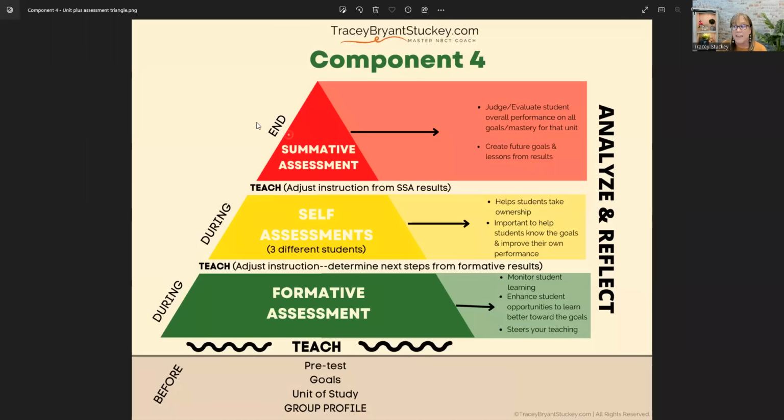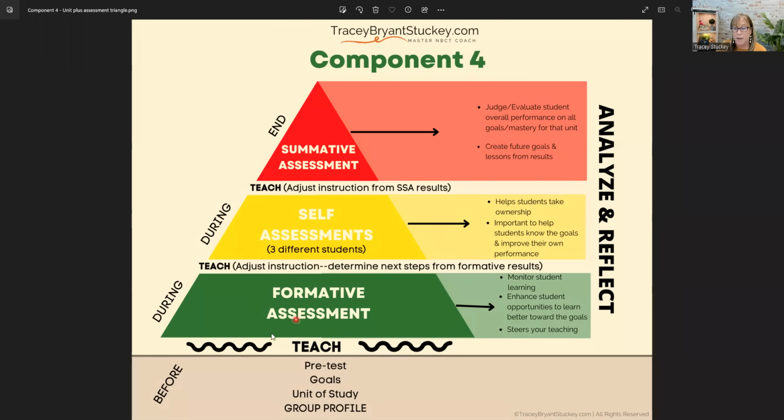And then finally, in the end, they give the summative assessment, which is graded on a rubric by a score of some sort. It is a graded assignment. And that's when you're judging and evaluating their overall performance on all the goals or mastery of those goals for that unit. So this is everything summative.